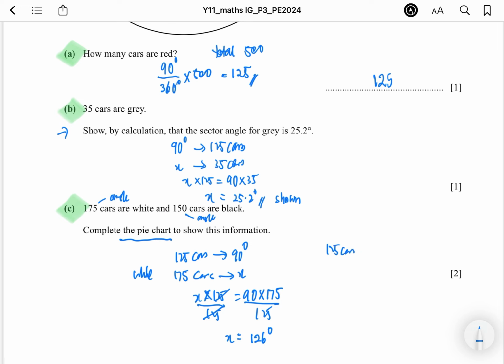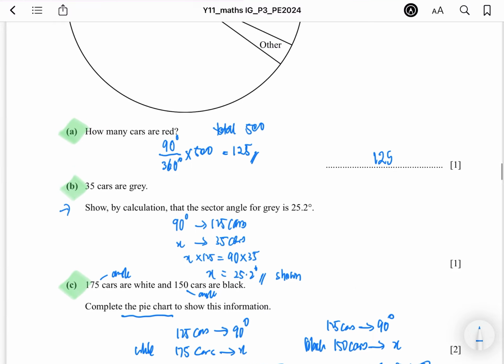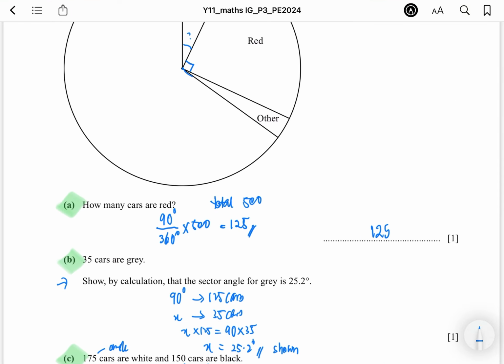And then using the same thing for black, so black is 150 cars. Again, x times 125, 90 times 150, divide by both sides 125, x is equals to 90 times 150 divided 125, should get 108.